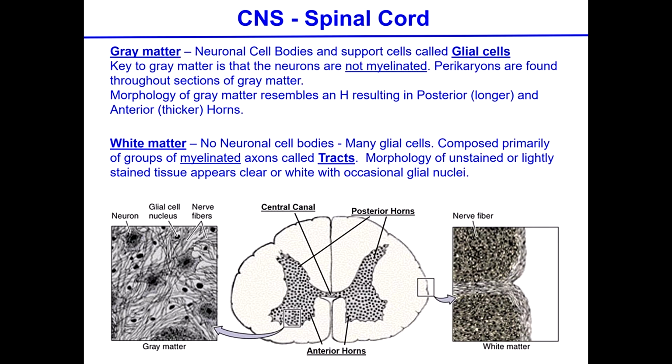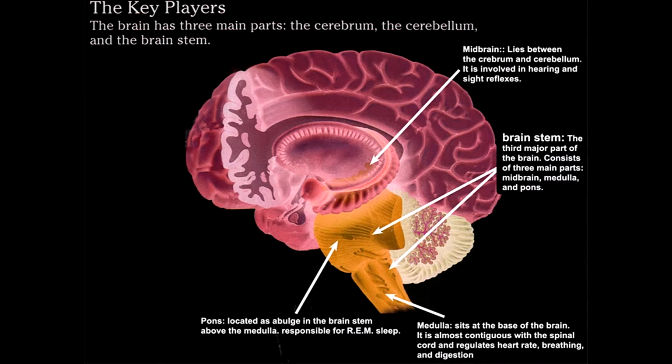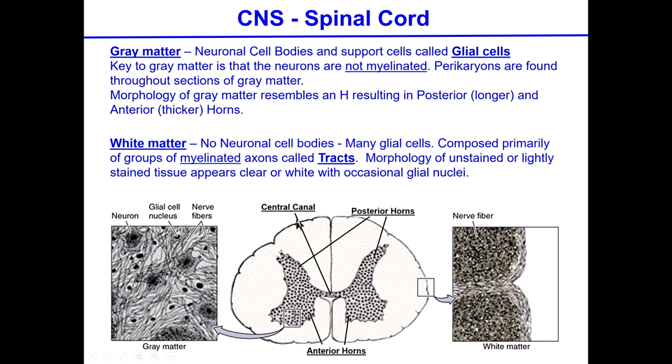So if we look at the spinal cord, which is the next thing down in the central nervous system, we have to start distinguishing, and in fact we could distinguish that in this portion which is cut of the cerebrum. You can see it's not just by accident that this has two different colors. In the spinal cord there are also two different colors, and we have to start distinguishing what is called gray matter and white matter.